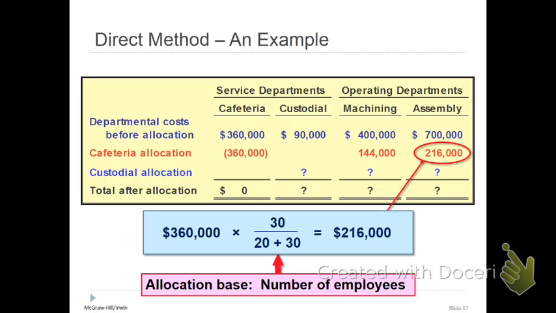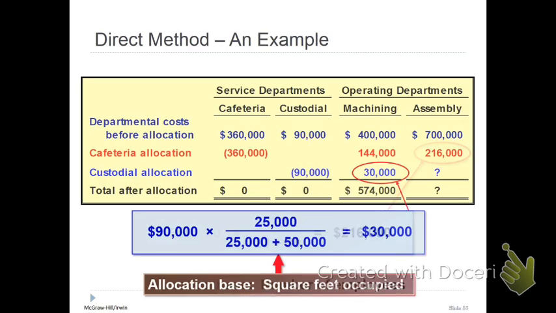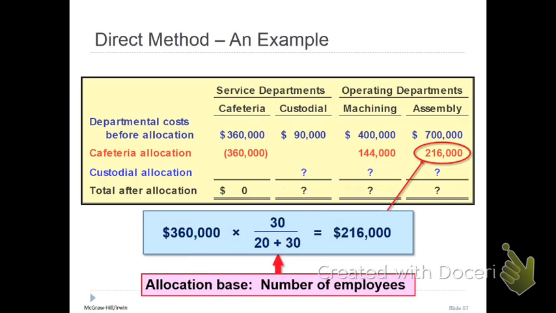And the other 3/5, 30 over 50, is going to get assigned to, pardon, to assembly, because the allocation base was the number of employees.